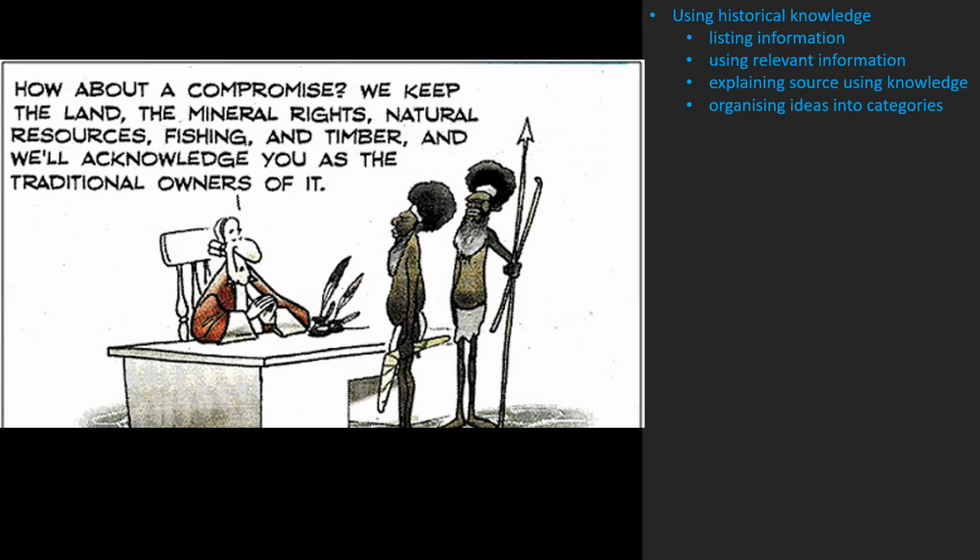You can even see he's got quills and pens there. Whereas the indigenous people have got very different clothing, and they've got spears, a spear thrower, and a boomerang. So that might be a couple of different categories. I could talk about the cultural difference between the two groups, about how different they are, and then I might talk about the legal cases in the 90s that developed traditional rights in the first place, like Mabo.